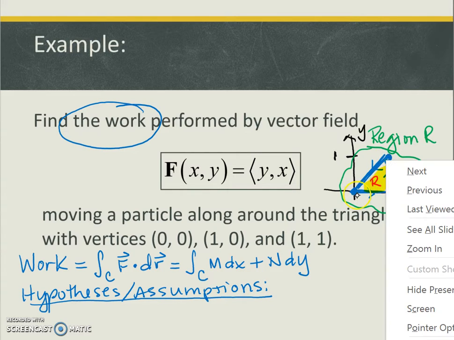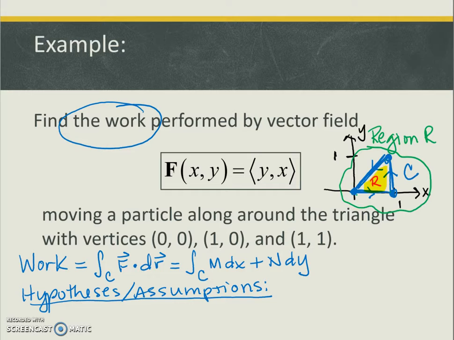And the particle is moving around that curve, the edge of that triangle, in a counterclockwise fashion. I've also got my arrows indicating the direction in which the particle is moving.